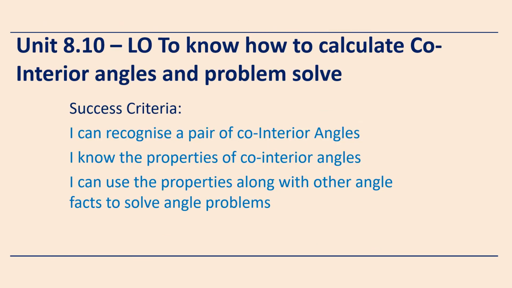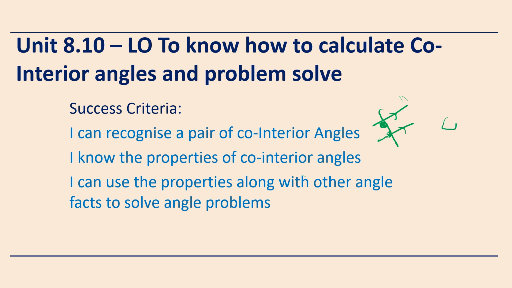Okay, so let's recap on our success criteria. I can recognize a pair of co-interior angles. So yes, if you've got parallel lines and you do a line through them, then these interior angles here will add up to 180. And that's the properties. So you can recognize them.